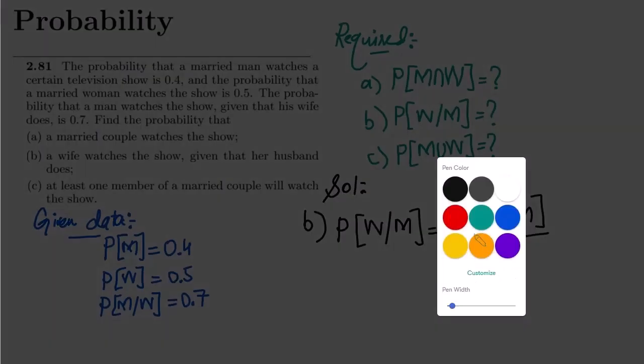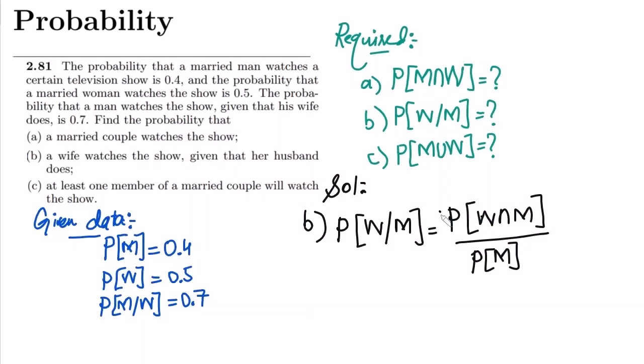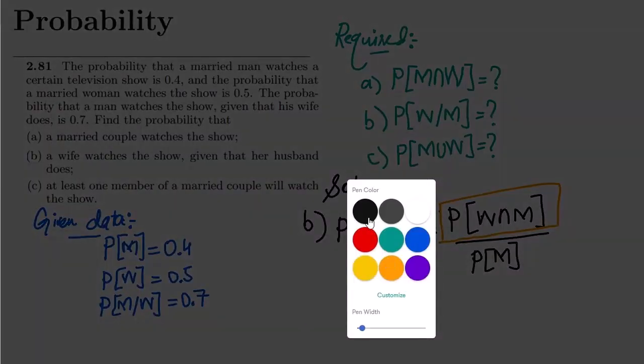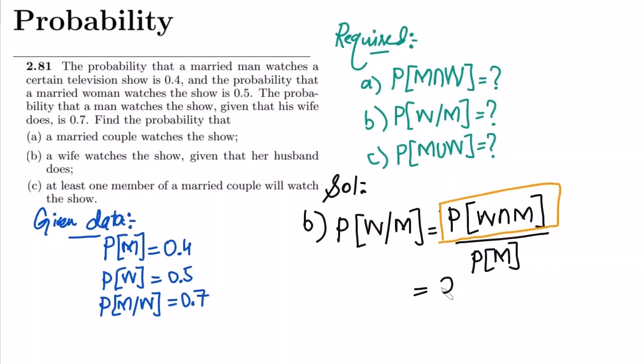In the previous part of our question, we found this probability, which was 0.35. So putting the value here, 0.35, and this value is already available here, 0.4. Dividing 0.35 by 0.4, I will get 0.875, which is quite high.